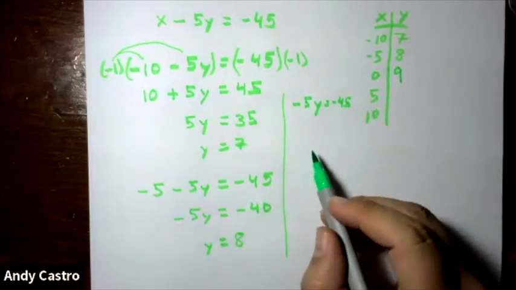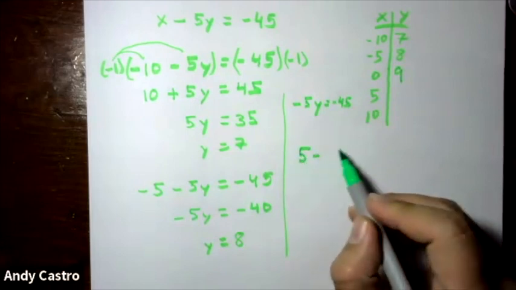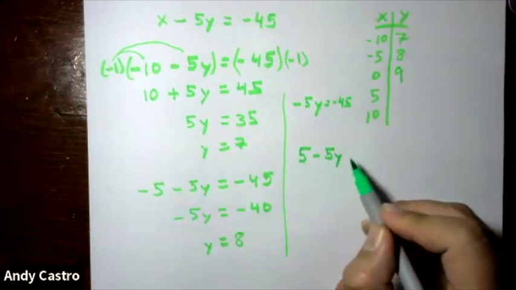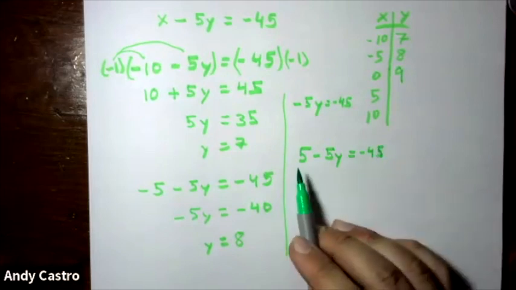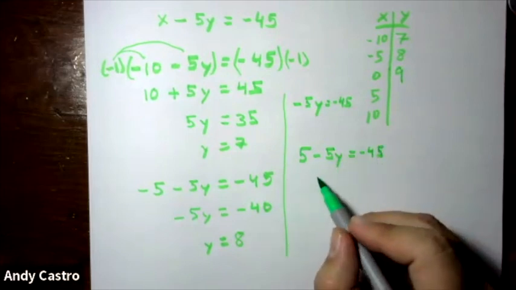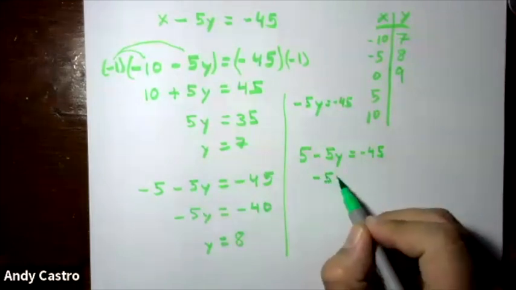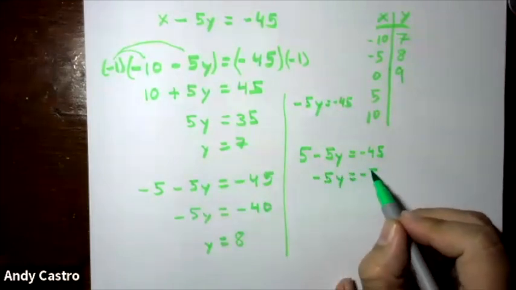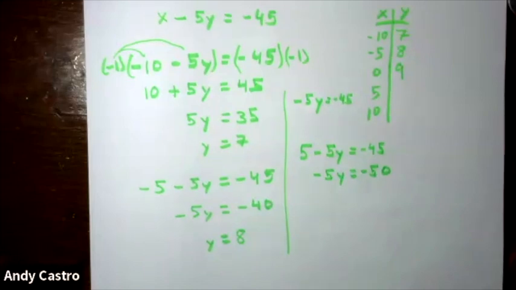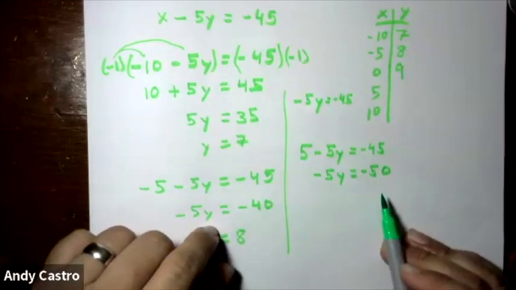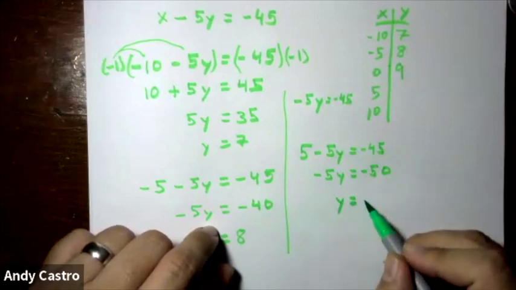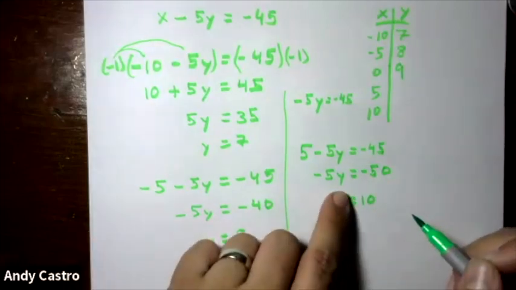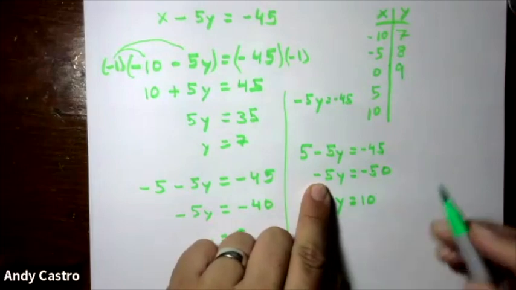Then we have +5. So 5 minus 5y equal to negative 45. Subtract 5 from both sides. Left with negative 5y is equal to negative 50. Divide both sides by negative 5. y ends up being positive 10. 10 times negative 5 is negative 50.